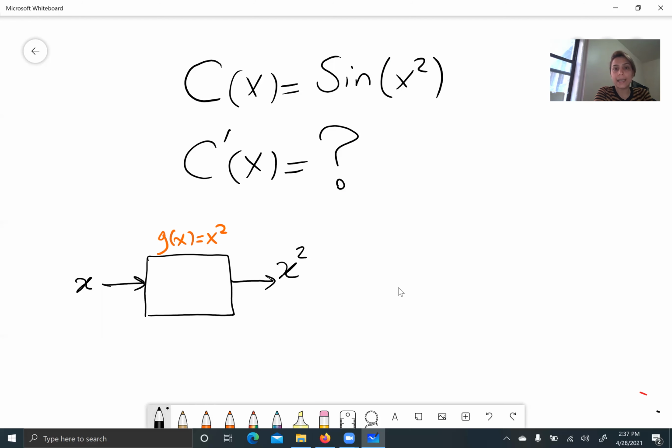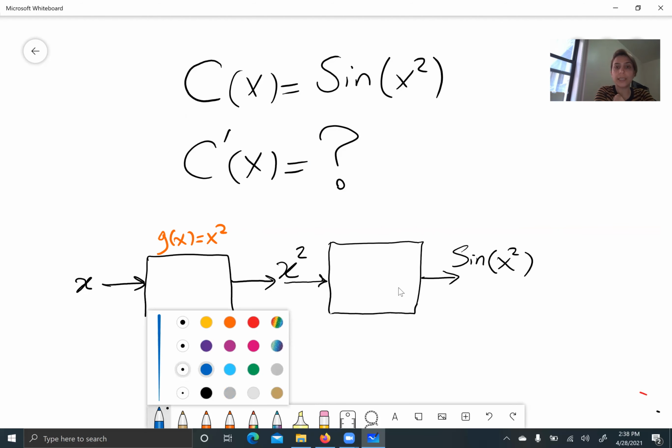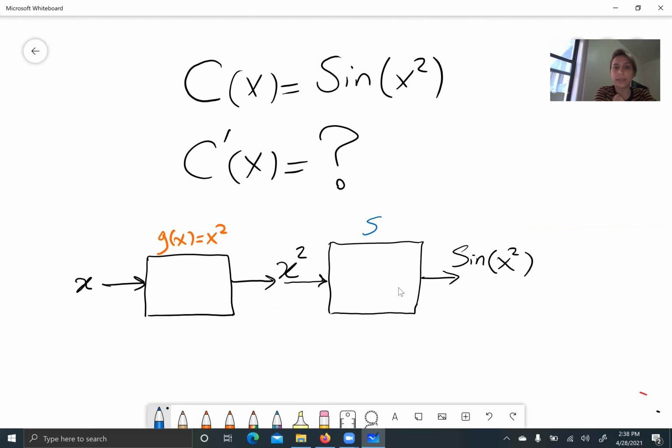And then the next function takes this value as the input value. What is the calculation in the second step? It calculates the sine, right? So it takes the square and gives us back the sine of this input value.